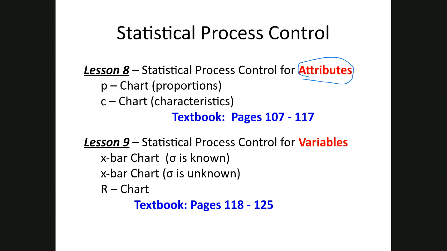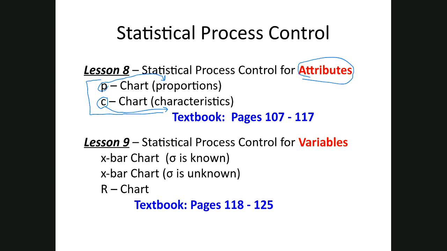We're going to look at what's called a P chart and also a C chart. The P chart is related to calculating proportions, and the C chart is, if you will, counting characteristics. So that's what we're going to do in today's lesson.